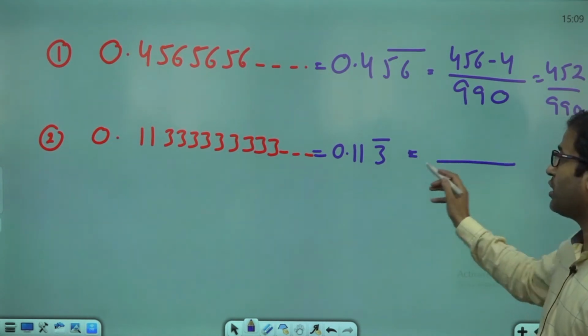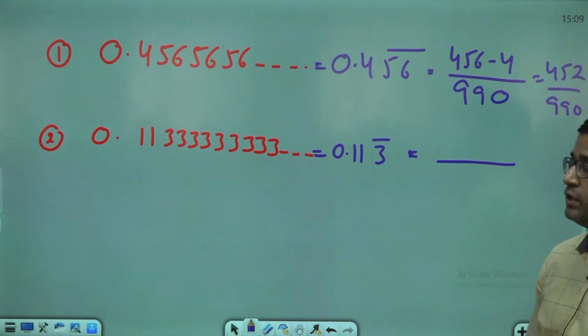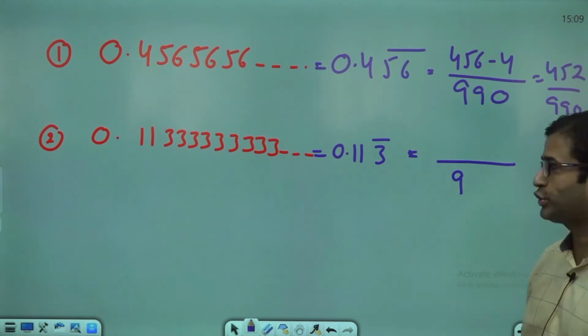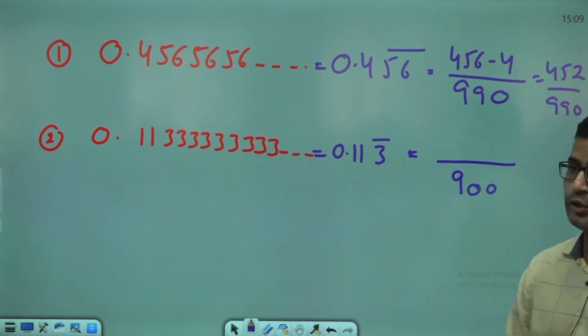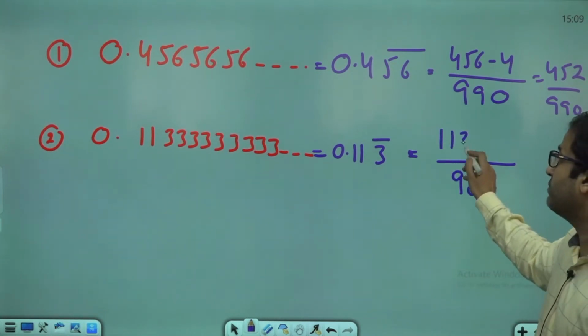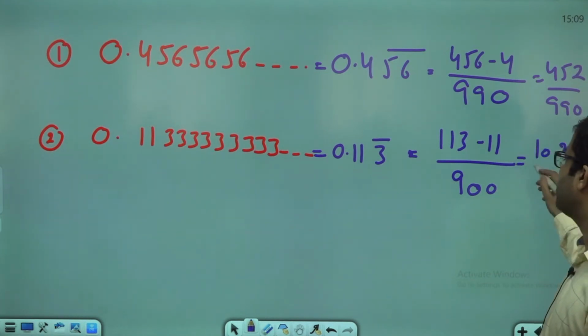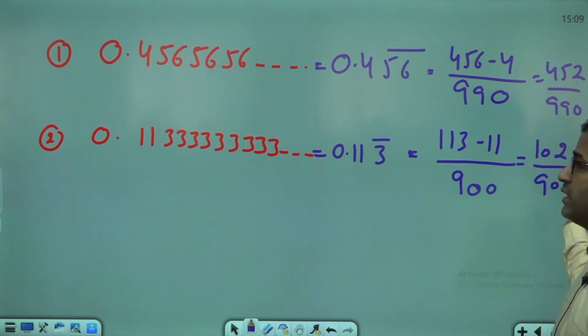Now next question, how many digits under the bar? 1. So how many 9s? 1 nine. How many 0s? 2 zeros. And what will be the numerator? 113 minus 11. So you will get 102 upon 900.